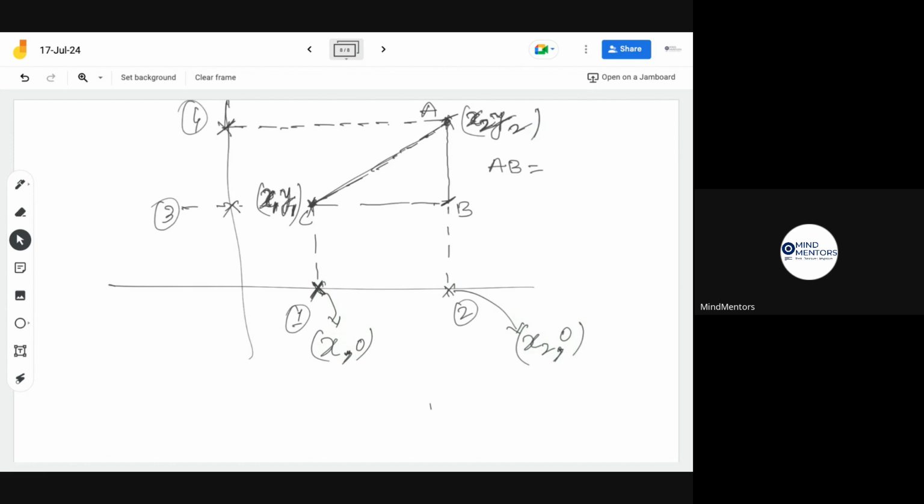Uday, what's the coordinate of point number 3? Wouldn't it be 0, y? 0, y. Okay. And what's the coordinate of point number 4, Ansh?